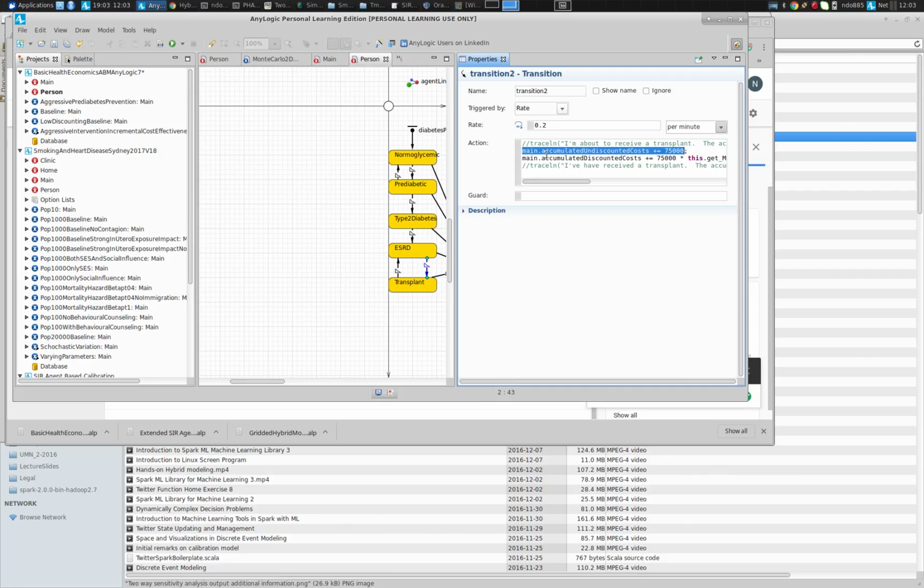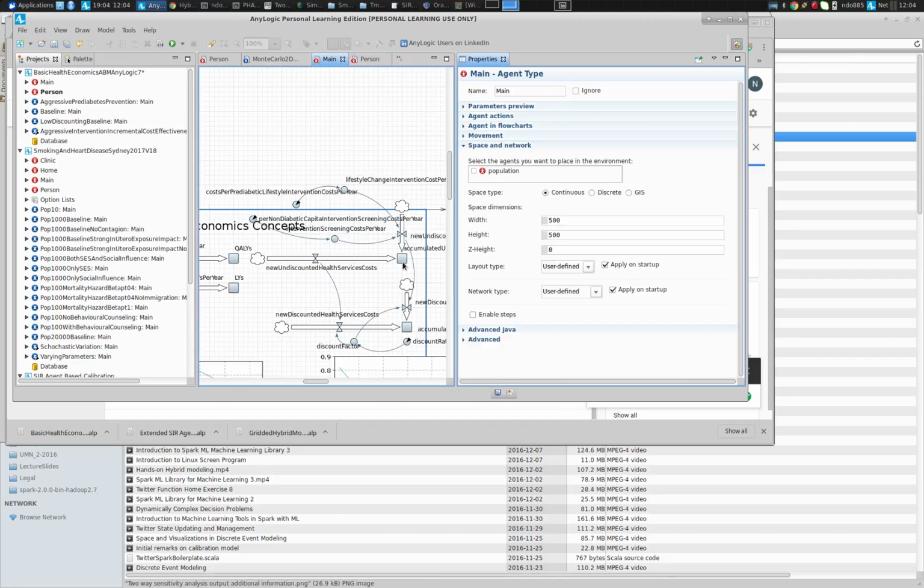What's going on there? Yeah, we're adding $75,000 to what? To the stock. This stock is having that amount added to it. And there's a comparable discounted amount that's being added to this other stock down here.